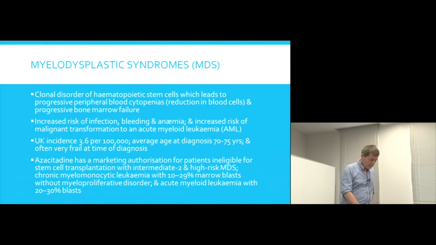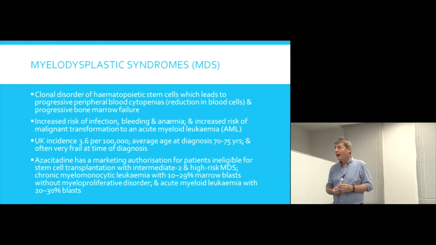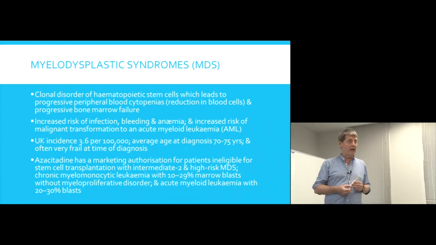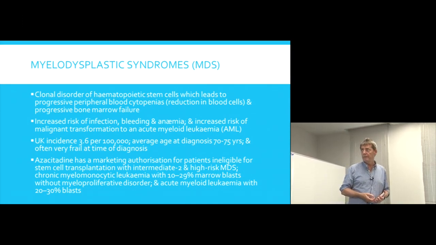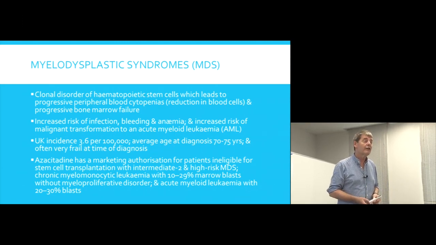Okay, so myelodysplastic syndromes, or MDS, essentially your blood cells are reducing. You're not producing new healthy blood cells. And in due course, you're going to have bone marrow failure. As a consequence, you're at increased risk of infection, increased risk of bleeding, increased risk of anemia.